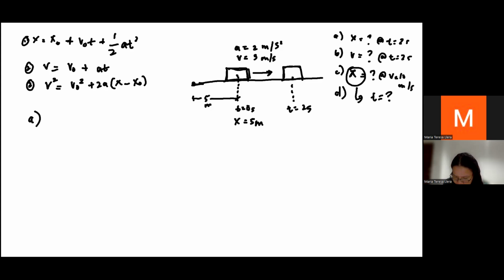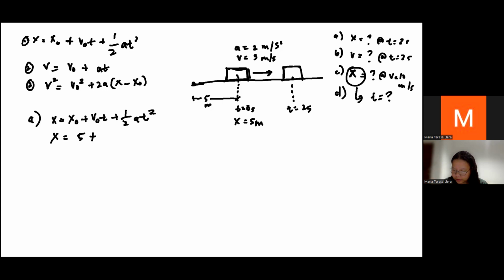So we are just going to write the equation. What's our x? The x is actually what we're looking for. So we'll just write x, and x naught is the initial position, the position at t equals 0 seconds, so this would be 5 meters.